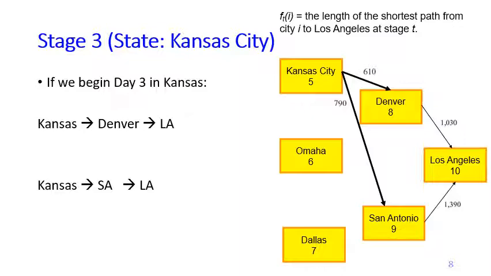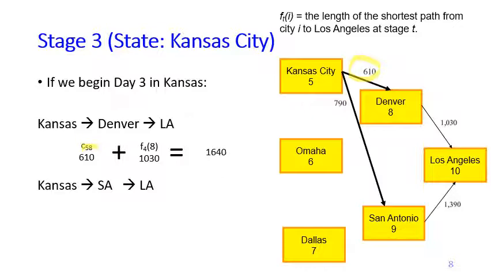Let's compare the distances. If we begin day 3 in Kansas City and go to Denver, the distance is 610. We denote this as C58, the cost or distance from city 5 to city 8.